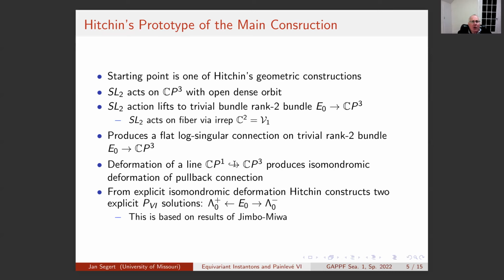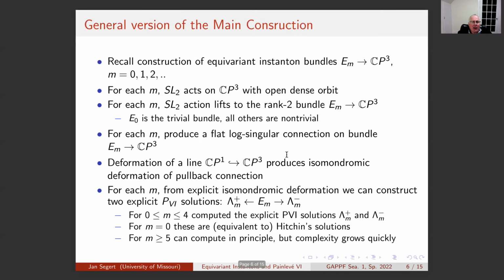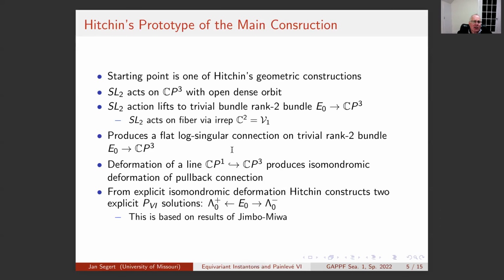Then what do you do? Then you say, okay, well, P3, that has lines, that has projective lines in it. So if I restrict this flat meromorphic connection to a projective line, I get a connection on a CP1, which generically has 4 singular points, and each of those is a simple singularity. And so it's a log singular connection on a P1.